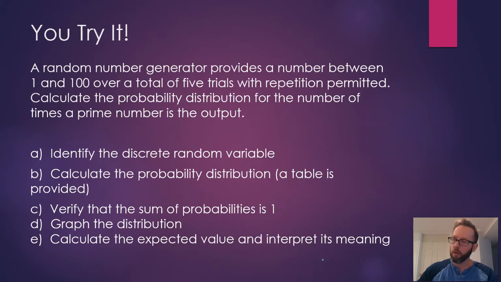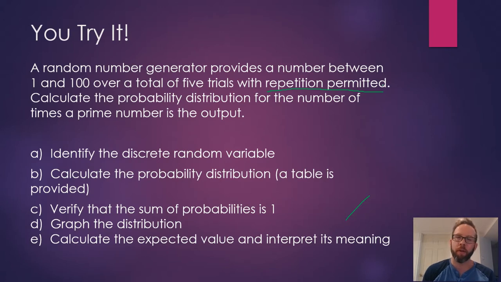All right, so I'm going to have you guys try this one. I'm going to help you guys set this one up in a second. So here we have a random number generator. It's going to pick a number between 1 and 100, 5 times. And we're going to say that repetition is okay. So it is possible to get, you know, like 10, 10, 10, 20, 20. It's possible for a number to repeat.